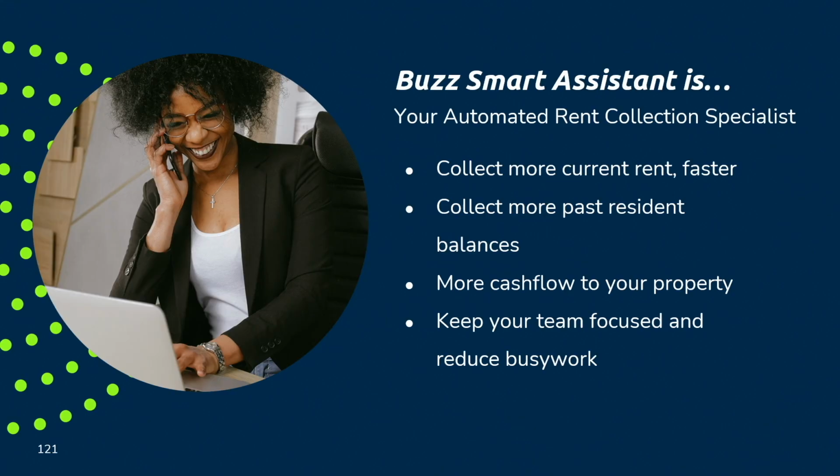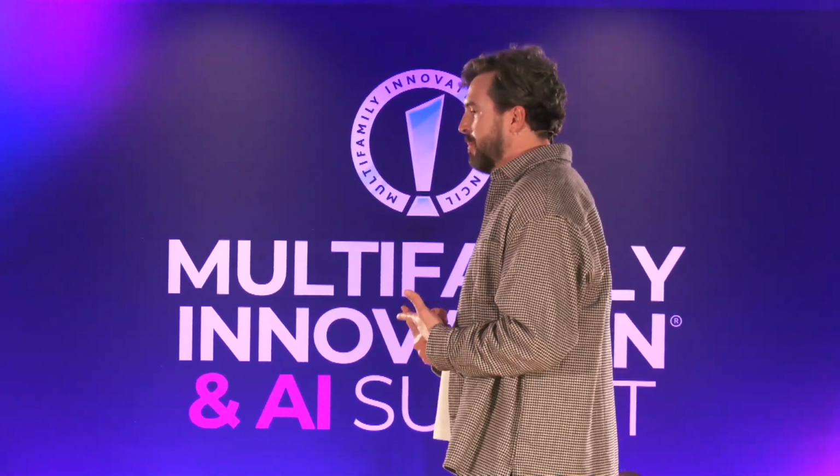We've done a lot of conversations, interactions with residents, both current and past residents, the ones that moved out. And the biggest thing that we've seen in trying to collect rent is the way that you have to do it is be a real person. And that's the biggest thing that a lot of technology misses. So when we think about a lot of these solutions that are out there, how do we save our team's time?